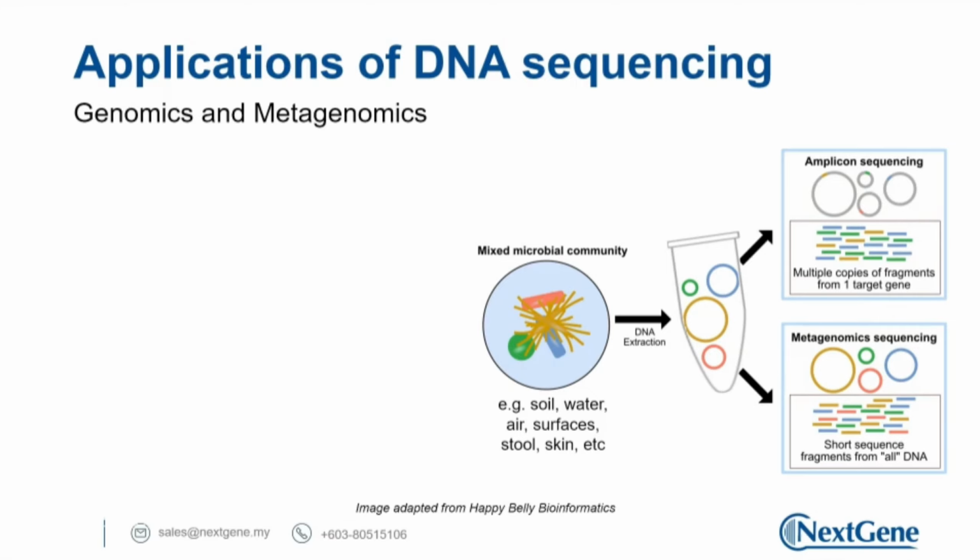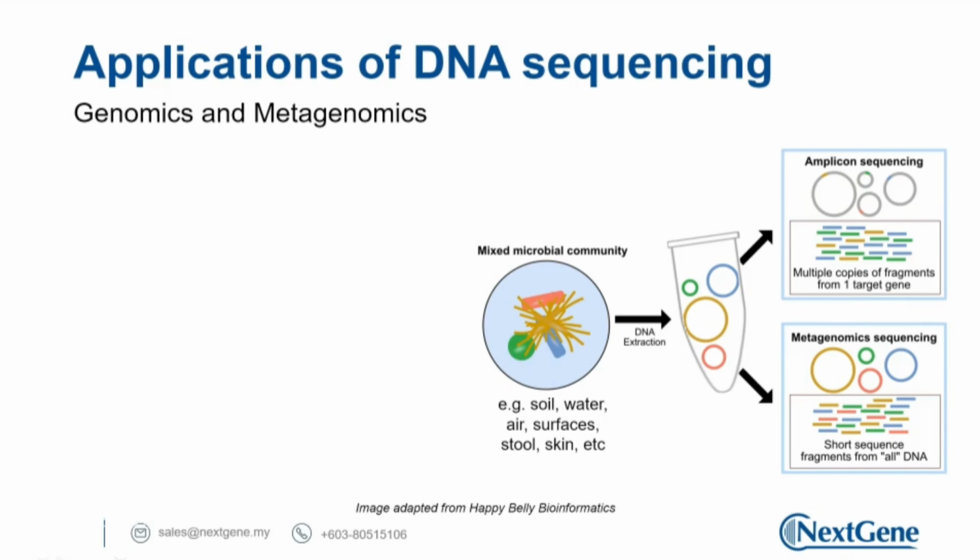This application is normally named metagenomic sequencing, and sometimes people call it shotgun metagenomic sequencing. So it's a sequencing of all the fragments, all the DNA inside the samples. This is DNA sequencing in the context of metagenomics.